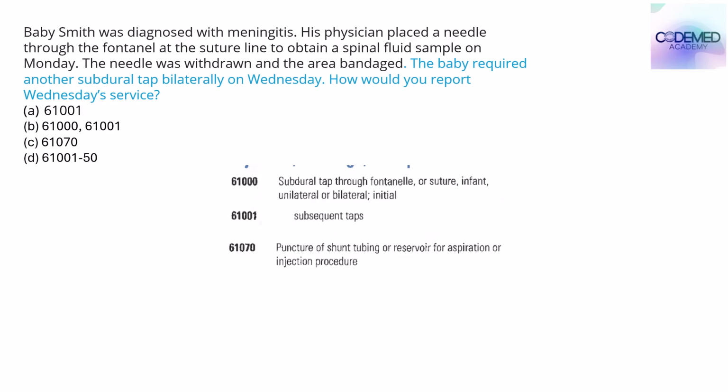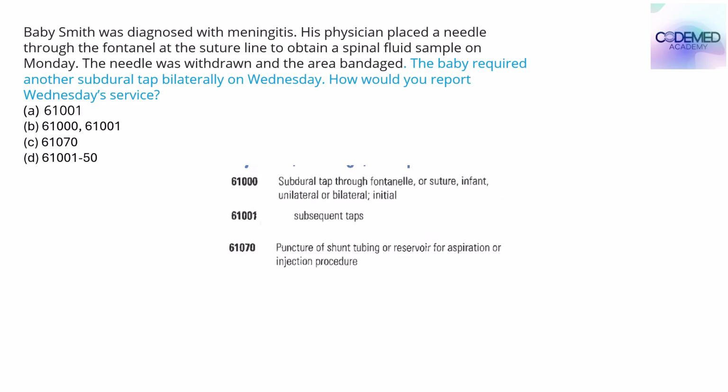Subdural tapping is basically taking out some cerebrospinal fluid for checking because the baby has meningitis. The baby had the procedure on Monday and another subdural tap bilaterally on Wednesday, and we are told to code for Wednesday's service. So we will have to code it accordingly.